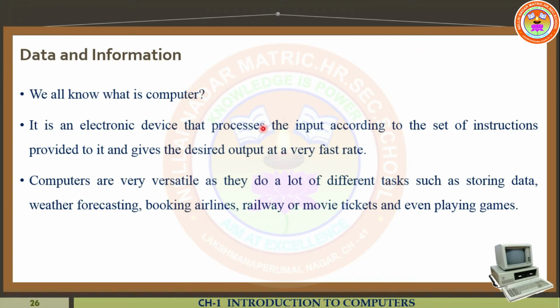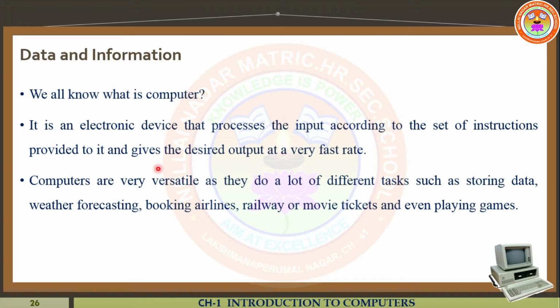1.4, data and information. So we already know what a computer is. Tell me, what is a computer? Yes, it is an electronic device that processes the input according to the set of instructions provided to it and gives the desired output at a very fast rate. This is the definition of a computer, and it is a very versatile machine.